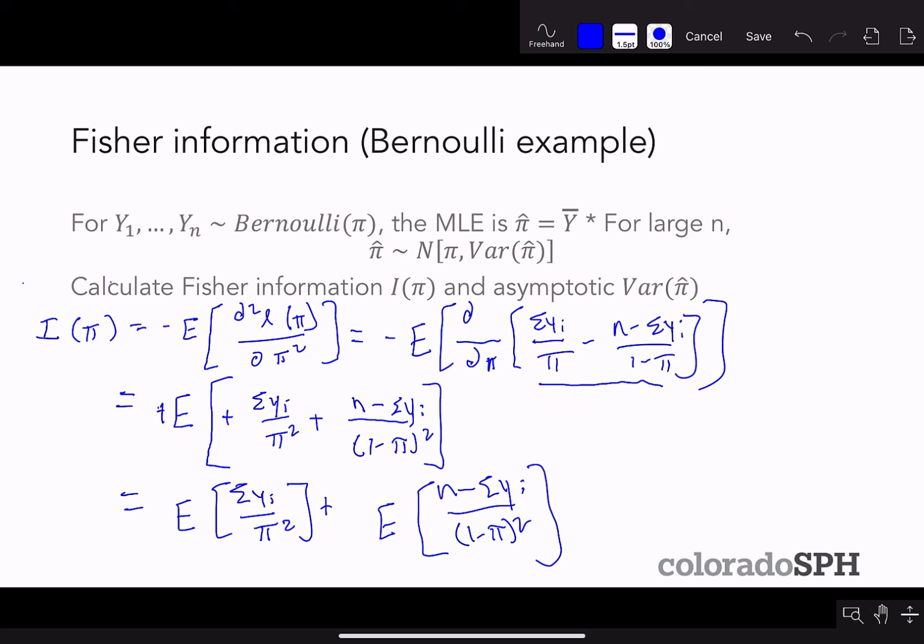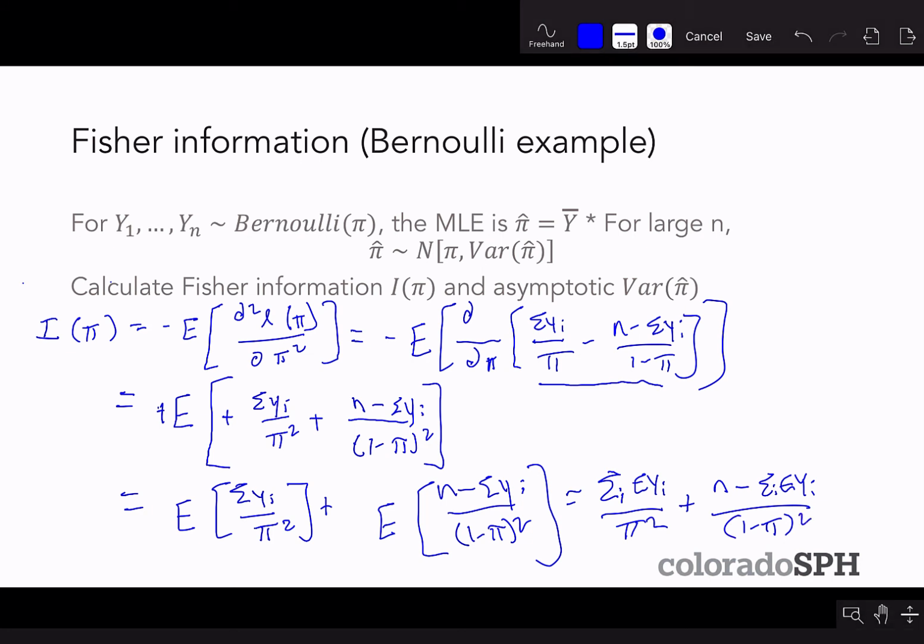For independent variables you can pull the summation out and pull the expectation in, giving you the sum over i of the expectation of yi over pi squared plus n minus the sum of the expectation of yi over 1 minus pi squared.